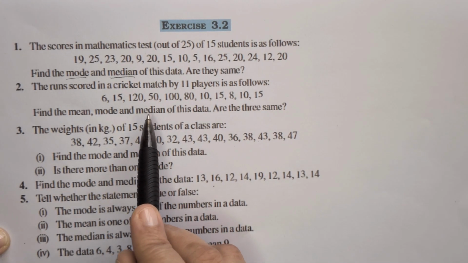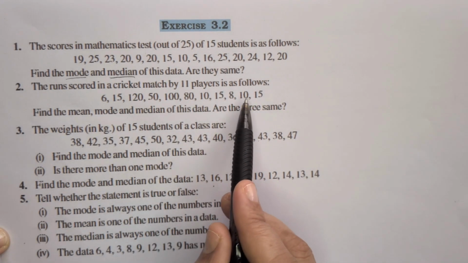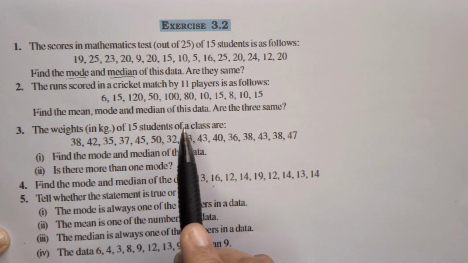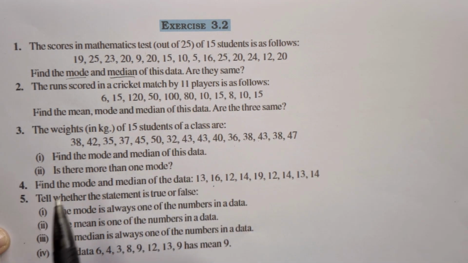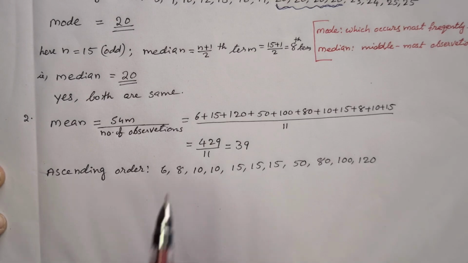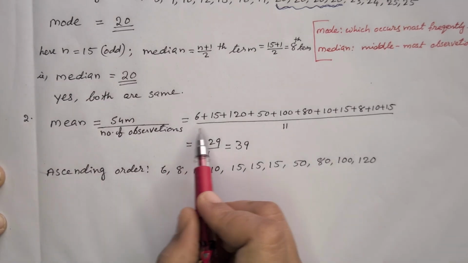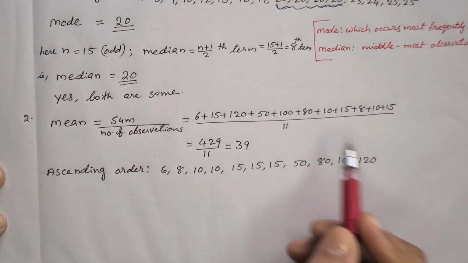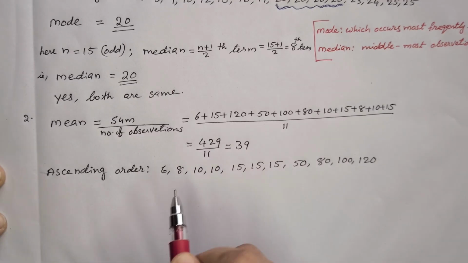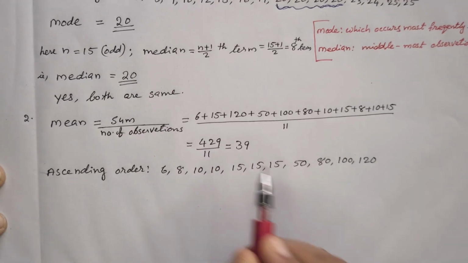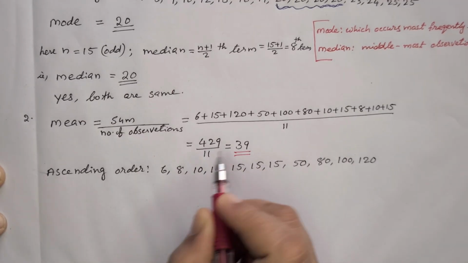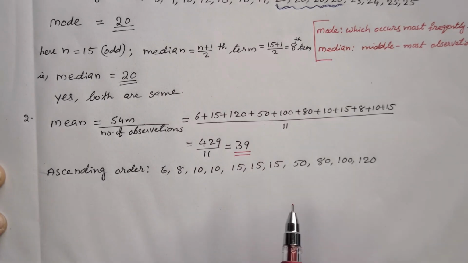To find median, first we have to arrange this data in ascending or descending order and take the middlemost observation. Here mean is equal to the sum of the observations divided by the number of observations. Sum is 429 divided by 11, 39. So mean of the observations is 39.